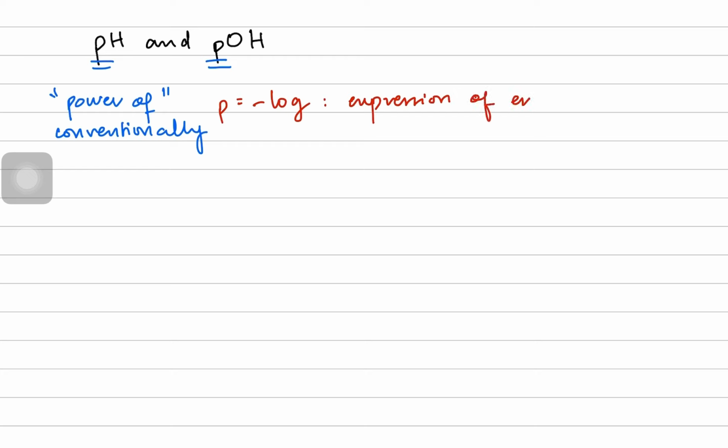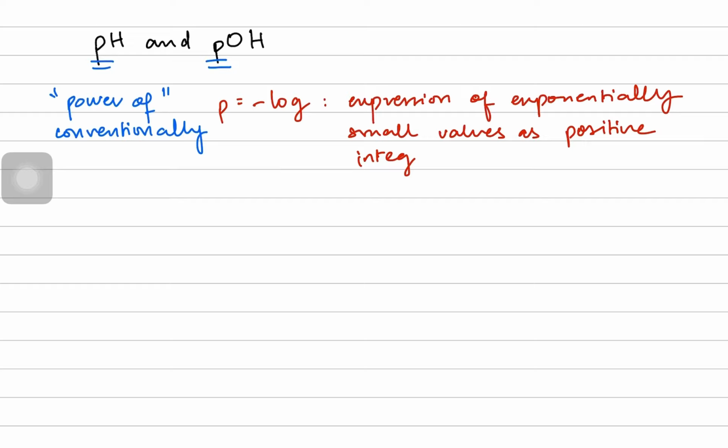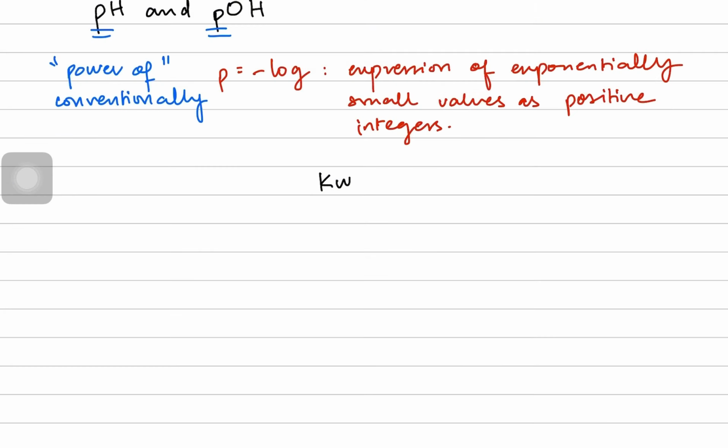Small p is used for the expression of exponentially small quantities, exponentially small values as positive integers. For example, very small concentrations of things can be represented as very simple whole numbers using the concept of negative log. Not necessarily log number, just positive integers.